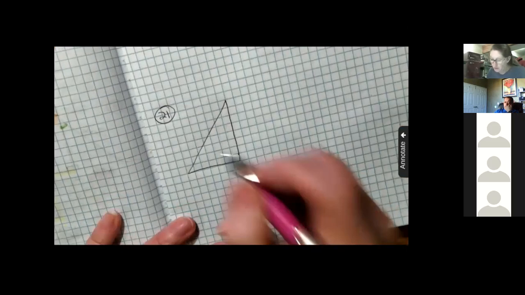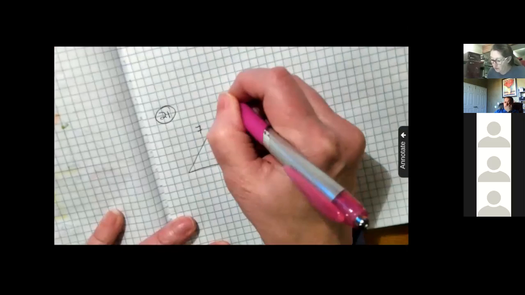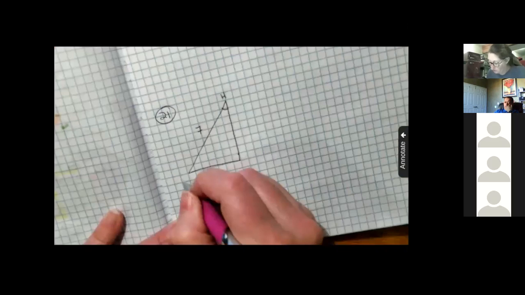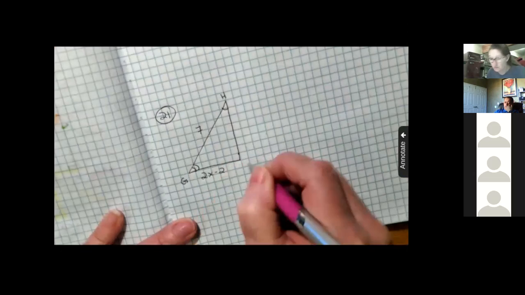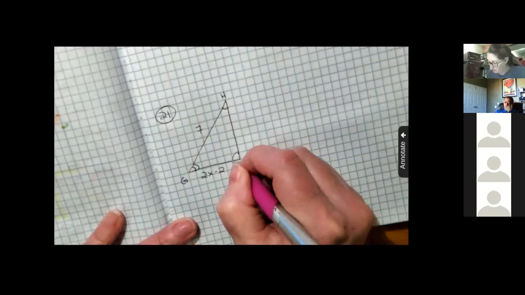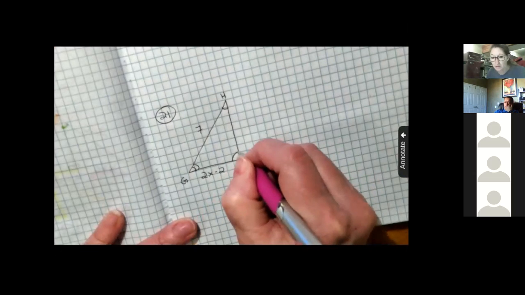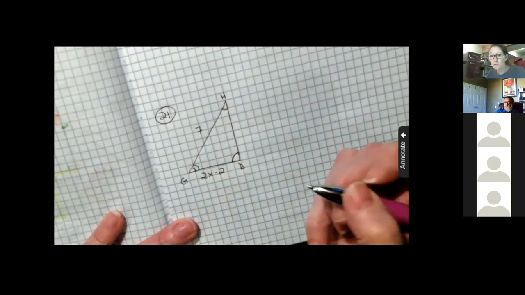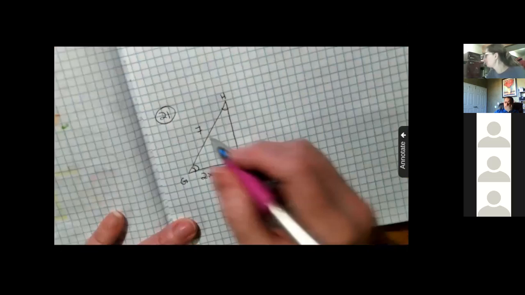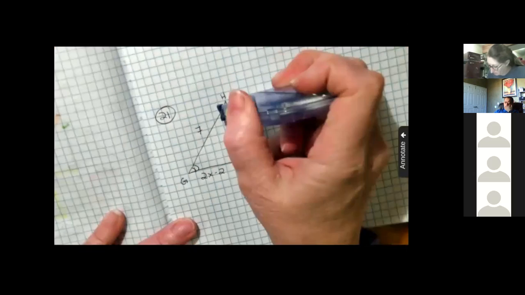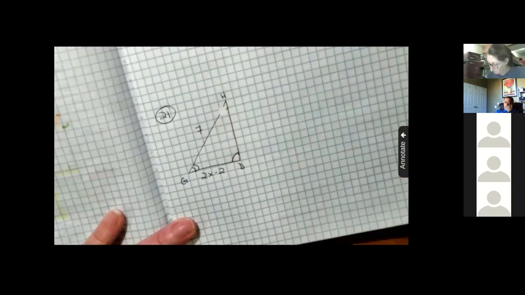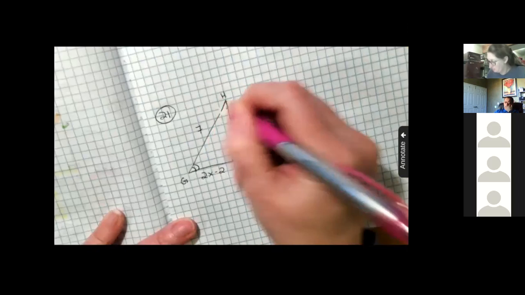Okay, so I have 7, this is H, this is G, 2x minus 2, this is D, and this is bigger. Now why, oh, I can't put that one. I just figured it out. It's a small triangle in a big triangle. So don't put that one. I just saw it. Sorry.